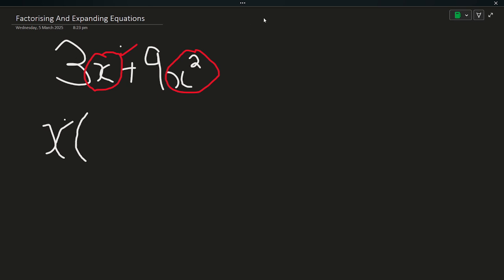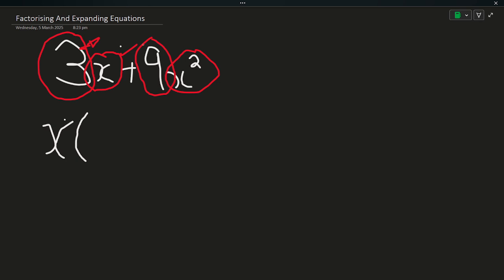Now we'll look at the 3 and the 9. As we all know, 3 can go into 9 three times, and 3 can go into this 3 one time.